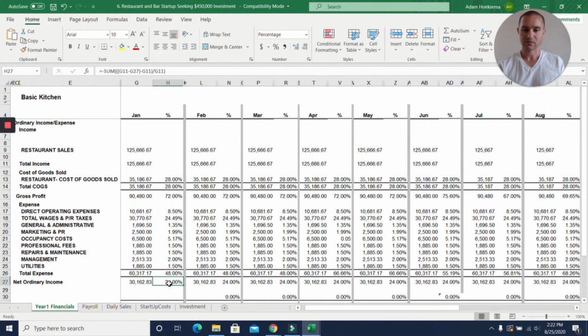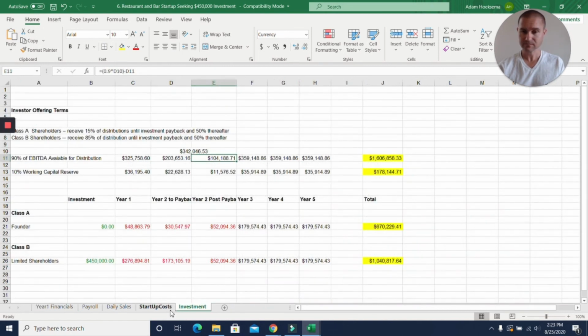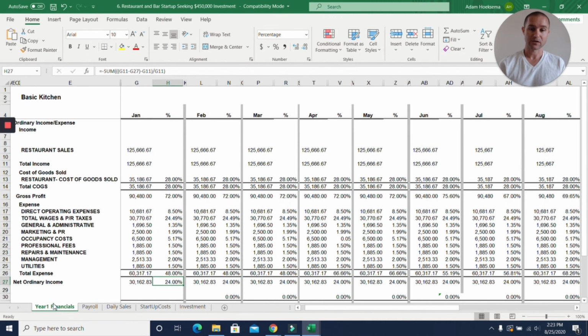Even if it's a top performing restaurant and it hits that 15% level, when you drop this EBITDA available for distribution, it is going to take those investors much, much longer to earn their $450,000 back. That's what I would be looking at if I were an investor looking at this set of projections. I would just be a little bit concerned about those things.